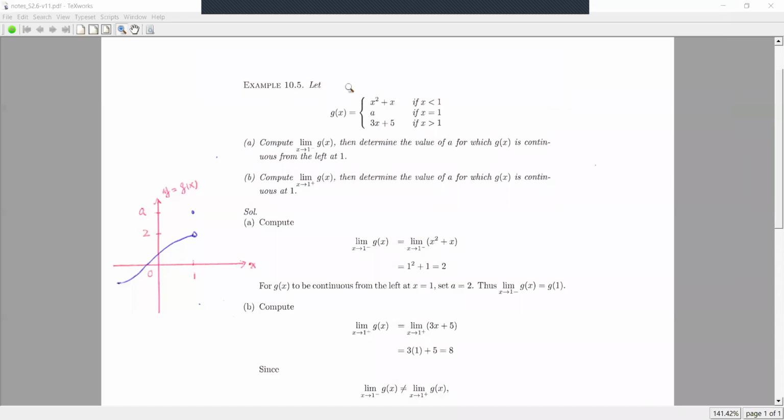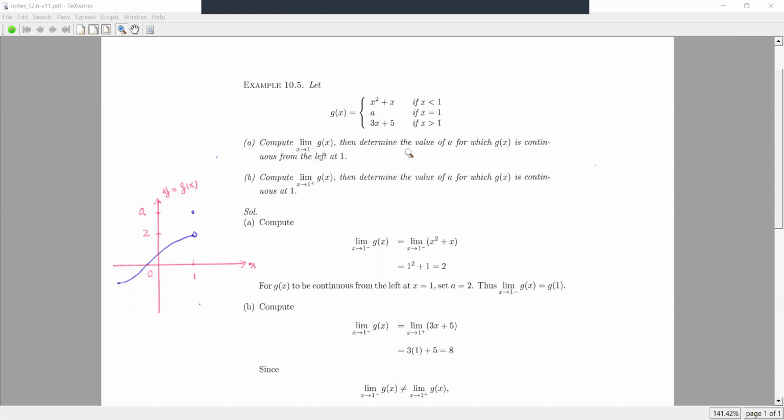Example 2. Consider this function. This function is defined piece by piece. Function value at 1 is A. Now, part A. Compute the left-hand side limit at 1.